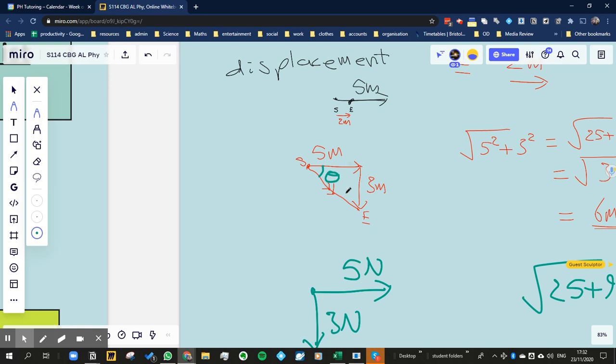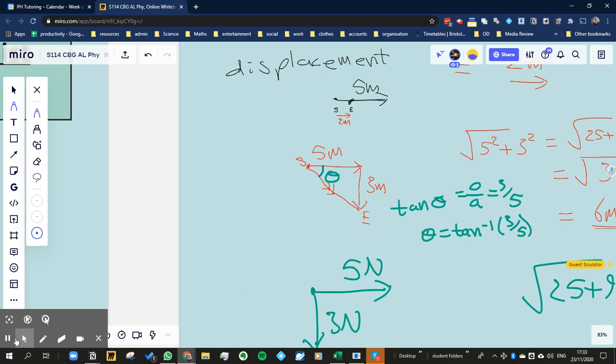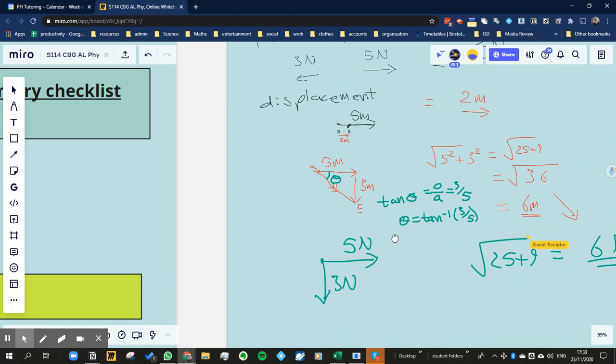That's the adjacent side. So the tan of the angle is equal to the opposite over adjacent, which is equal to 3 over 5. And then to work out the actual angle, you would do the inverse tan of 3 over 5. I'm not going to go ahead and do that, but that's how you would work out the angle.